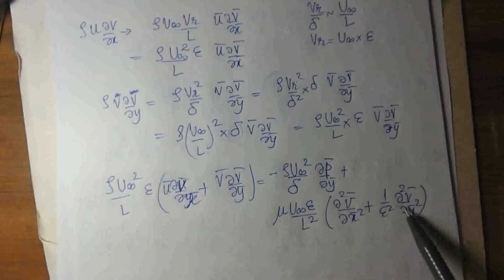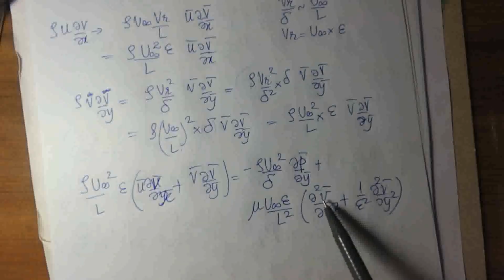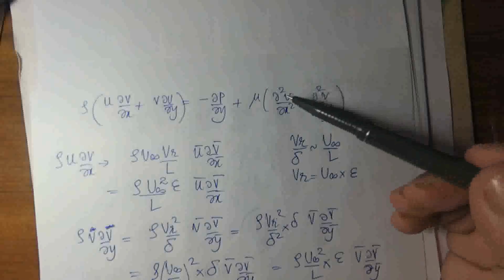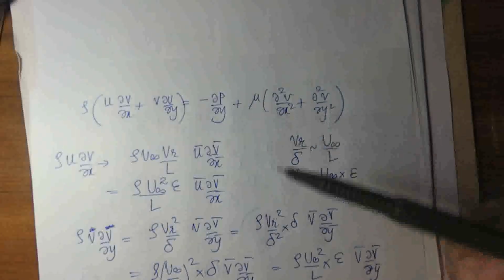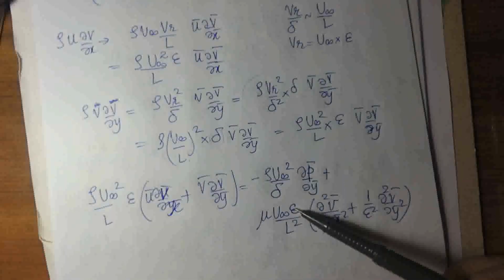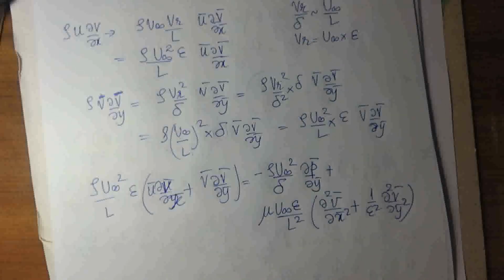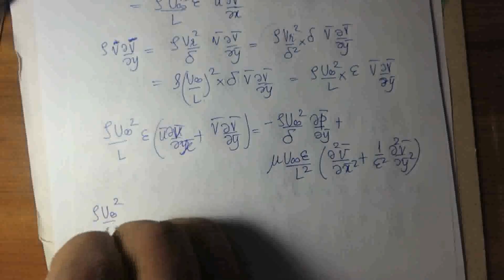I'll let you do this as a small exercise. It's really easy to show. There's nothing complicated about this. I simply take mu v reference by L square outside, but v reference is nothing but u infinity times epsilon. So it's a very simple thing. I've skipped only one step. And so let us simplify this as following.